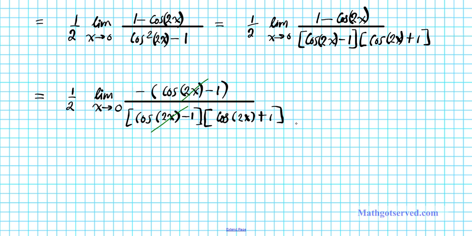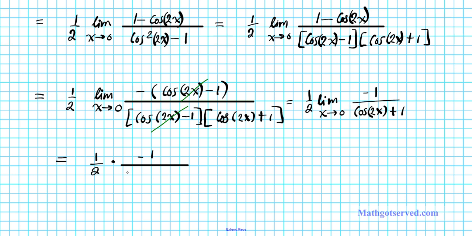Our limit becomes 1/2 times the limit as x approaches 0 of negative 1 over cosine 2x plus 1. Now I can evaluate this limit by direct substitution. We'll have 1/2 times negative 1 divided by the denominator evaluated at x equals 0.